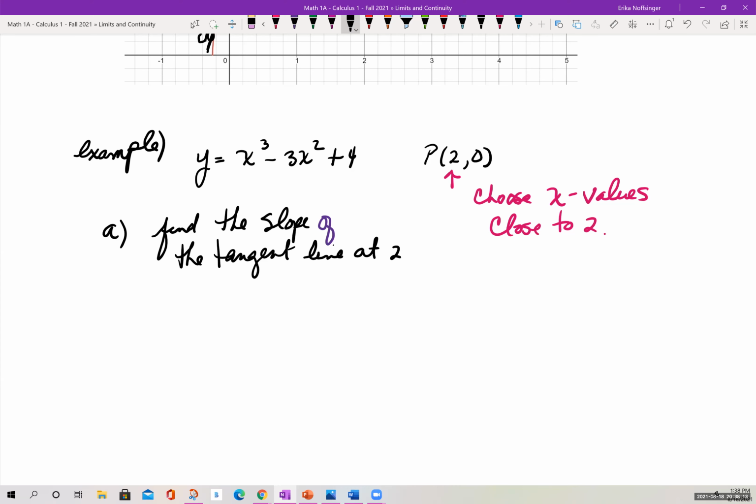Just start choosing values close to 2, and the closer we get to 2, the faster it will kind of fall out. So we can just choose some different x values.